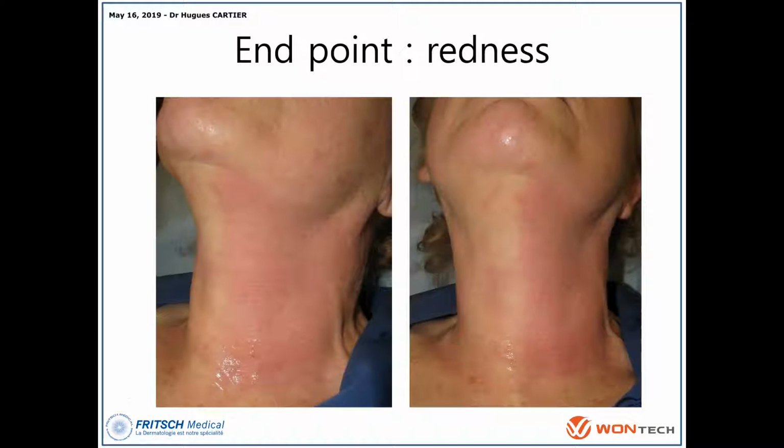In expert mode, you have the touch screen, so you have nothing to do but respect the automatic setting. Just after the session, if you treat a split face, you will see a beautiful redness. It is normal and common, not dangerous. You have to explain that it could stay for maybe one day, no more.